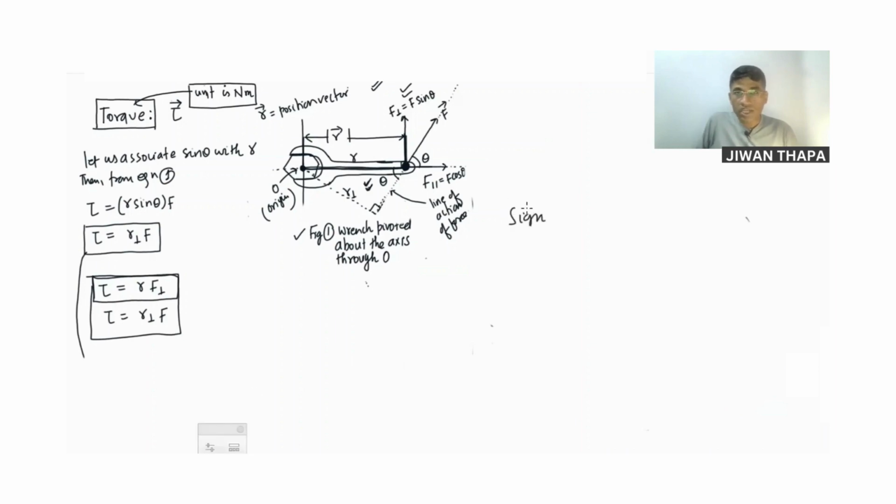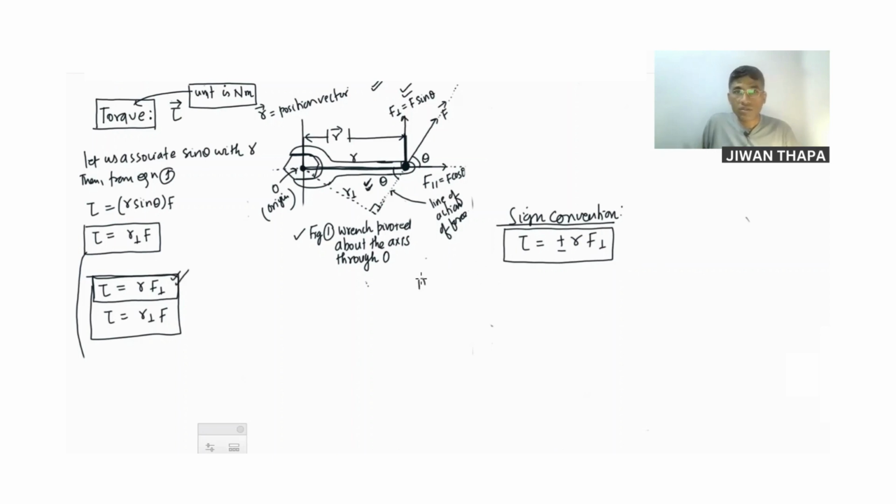Sign convention: we can write torque tau equals plus or minus r times F perpendicular.